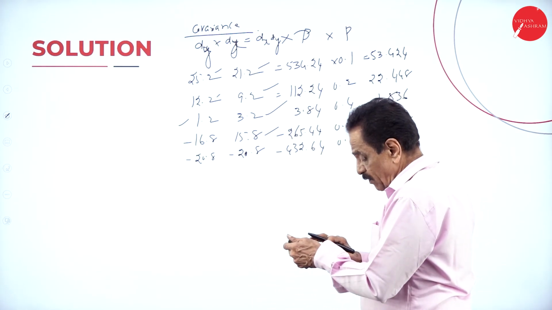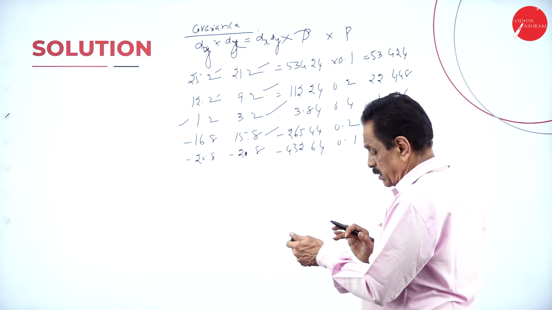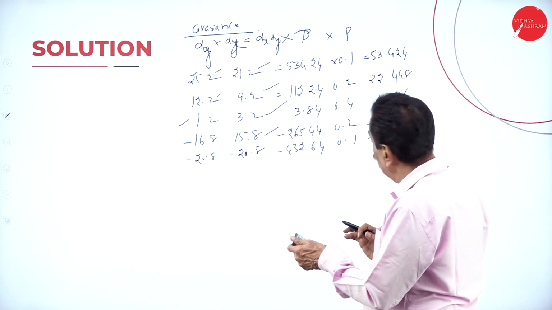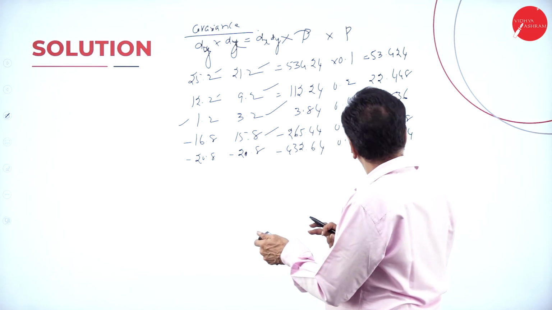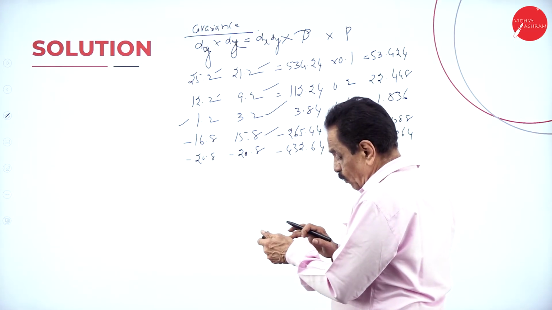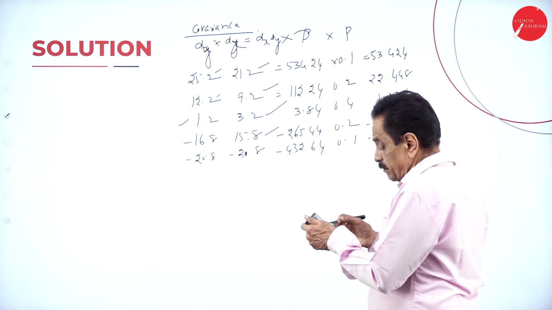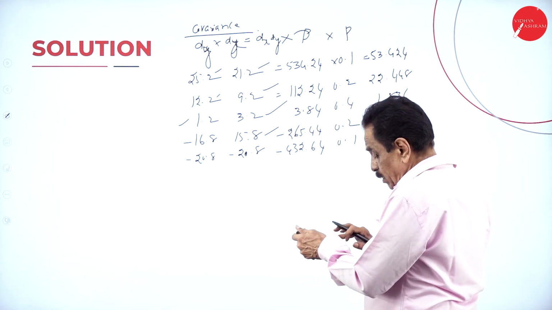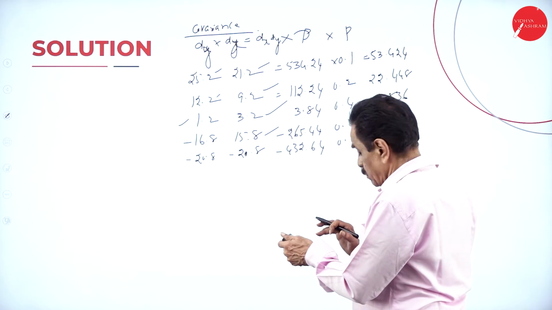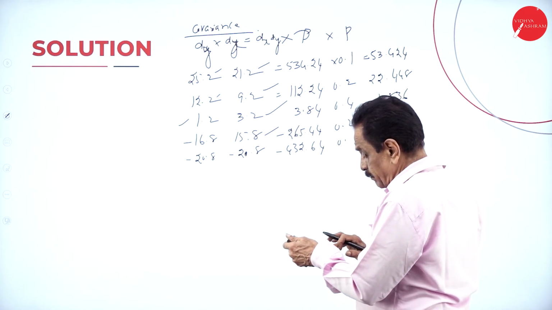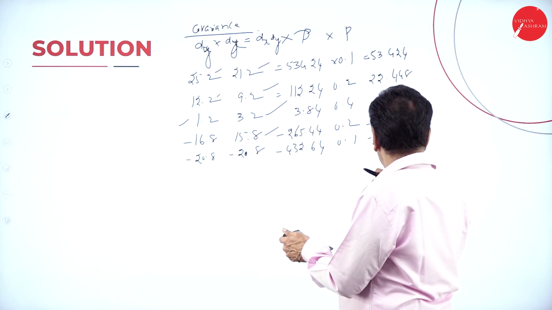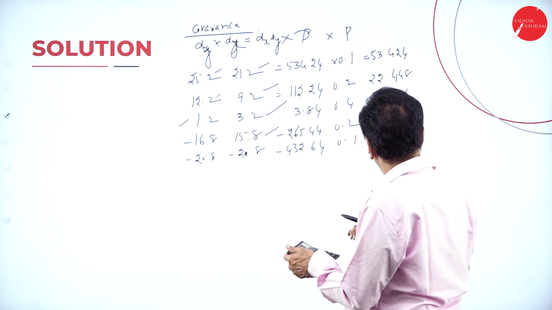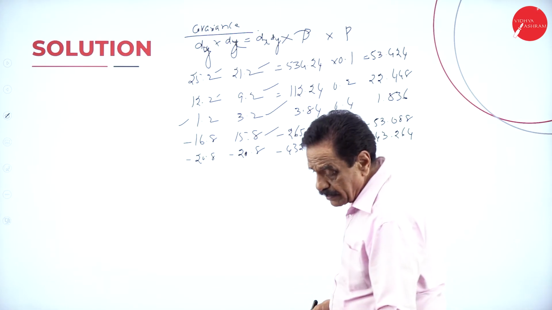Add 53.424 plus 22.448 plus 1.536 minus. Check this.